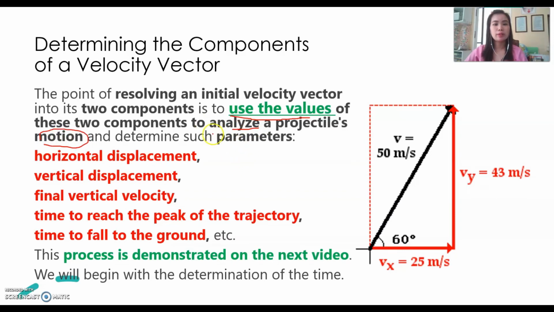We are going to determine parameters like the horizontal displacement, the vertical displacement, the final vertical velocity, the time to reach the peak of the trajectory, the time to fall to the ground, and so on. But this process will be demonstrated in the next video, a separate video for that.